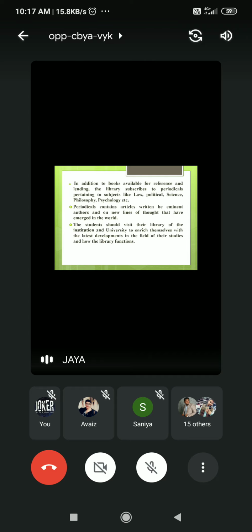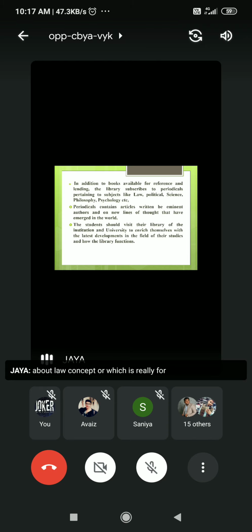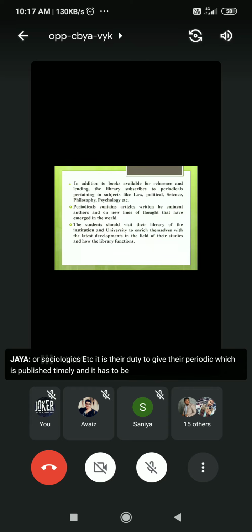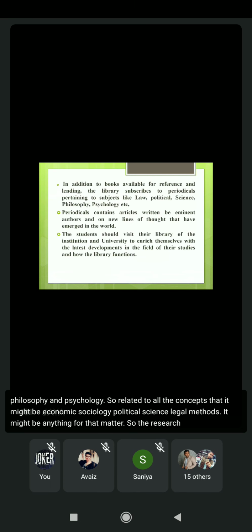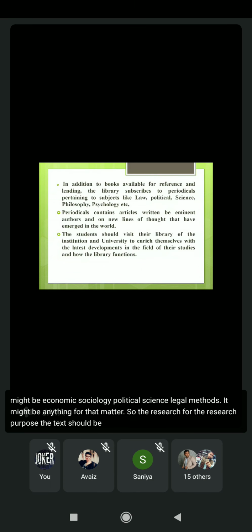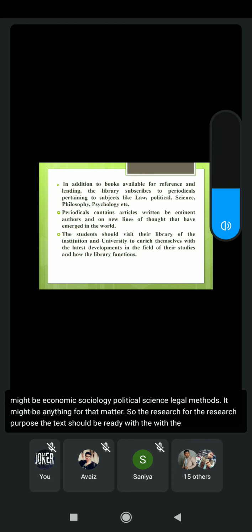It is left to the class authority to give information about a law concept, and it has its own expenses. Just like law, political science, concepts, it might be anything for that matter. For research purposes, the text should be ready with the library.